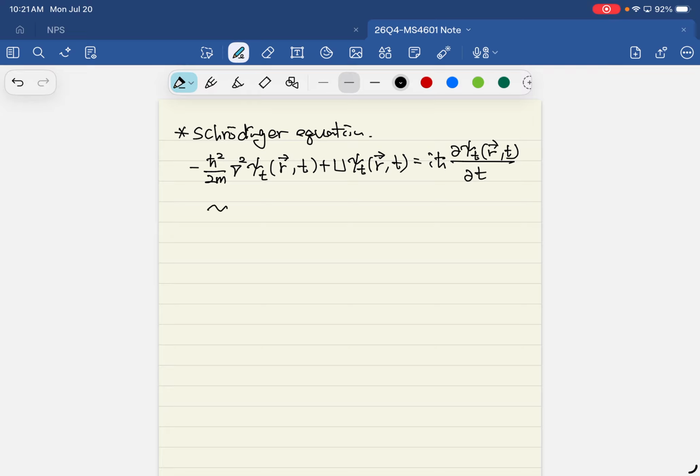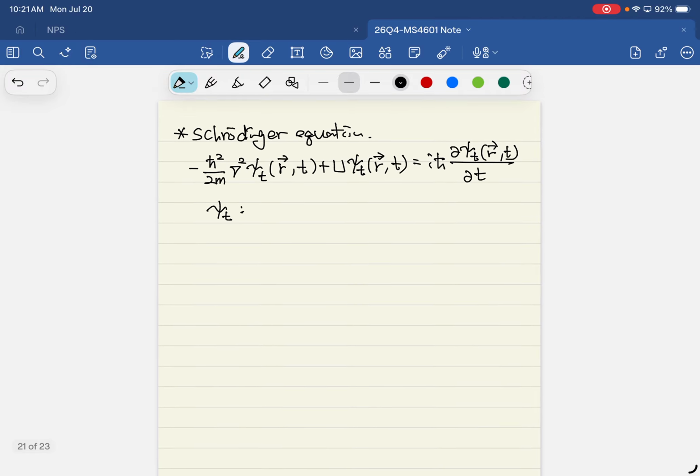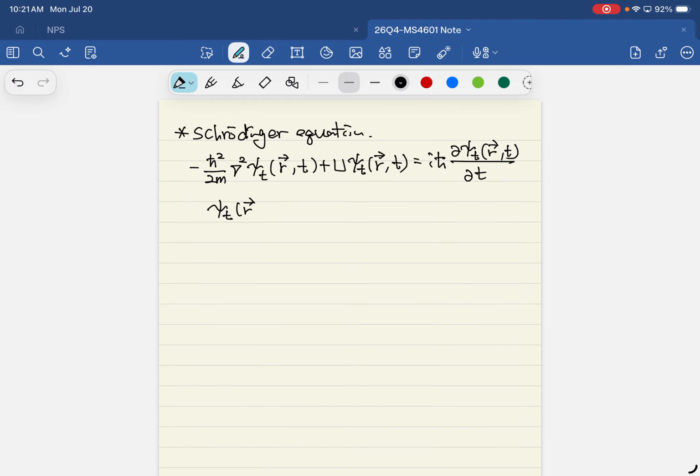So this psi, let me just describe this equation first. This psi is called the wave function.